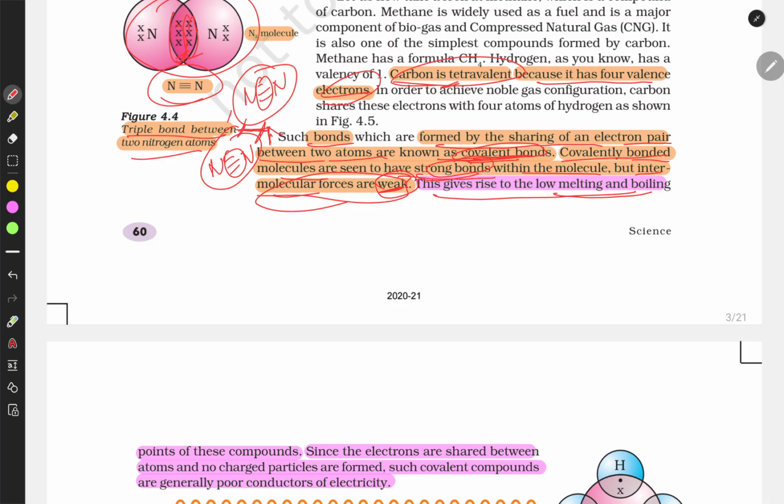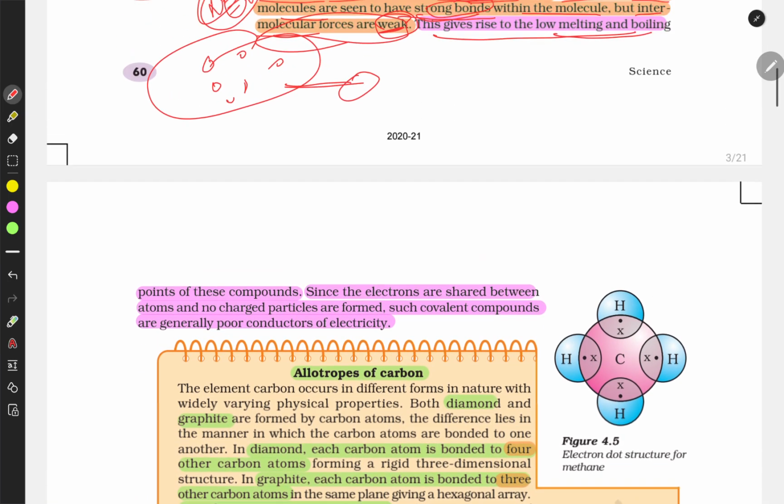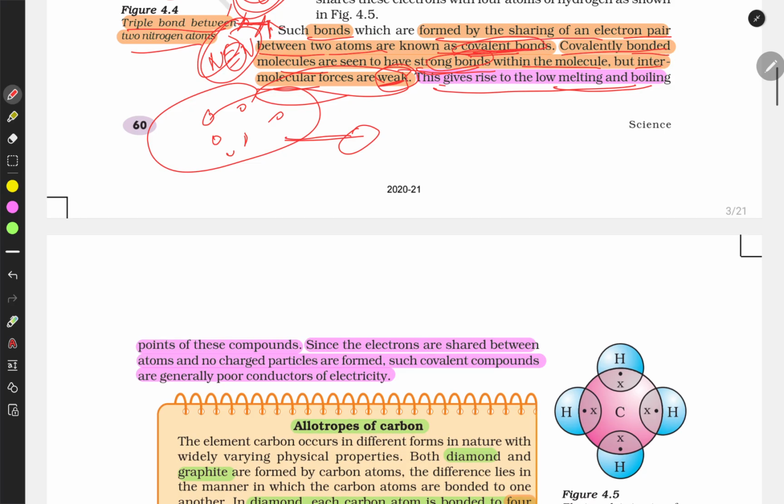The intermolecular forces will break and the constituent particles that we studied in 9th class will get detached and move randomly around, and this is why they reach the molten or boiling state. This gives rise to the low melting and boiling points of these compounds.